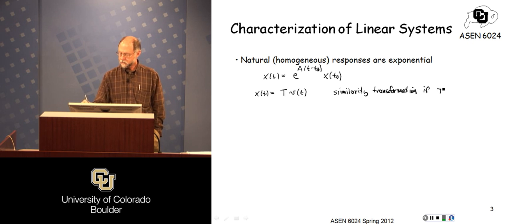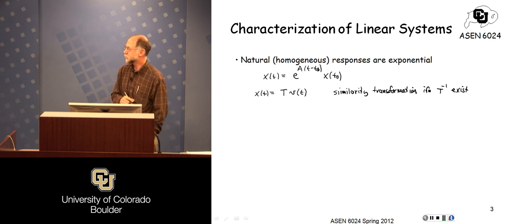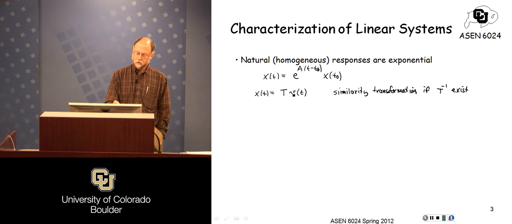If t inverse exists, in other words, if t is non-singular, this is a similarity transformation. And really it's just saying, I had some description of the state space here, this vector x, and I'm just really changing coordinates in the state space. Okay, so I'm not changing the system itself, I'm just changing the way I measure its behavior. I change the way I measure the state as a function of time.